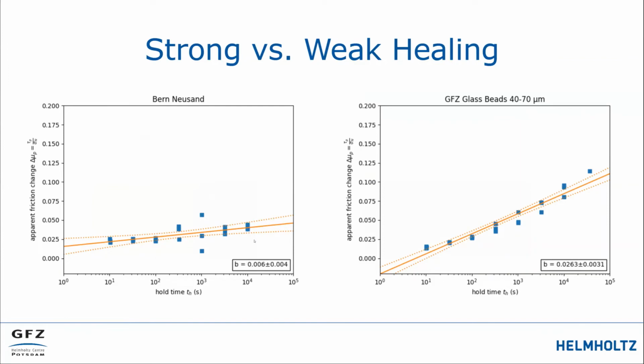So after a certain amount of hold time, you only get about 0.5% increase in apparent friction. But other materials like this glass bead sample that we have from the GFZ, it has a much higher healing rate, about 2.5% of frictional increase per second.